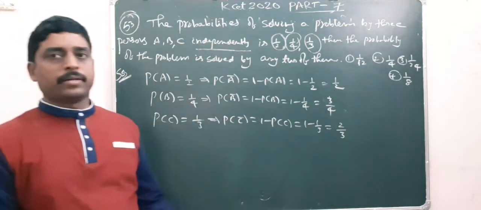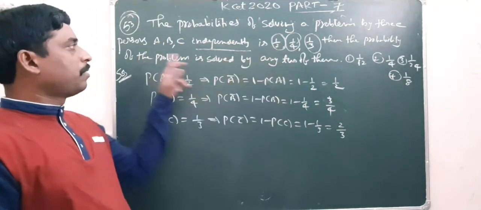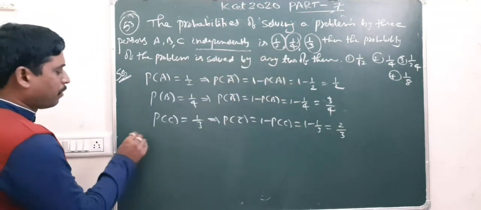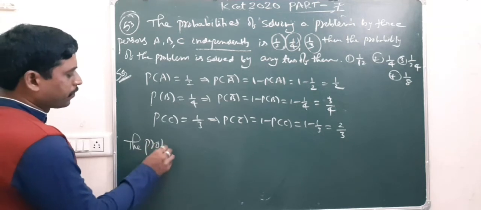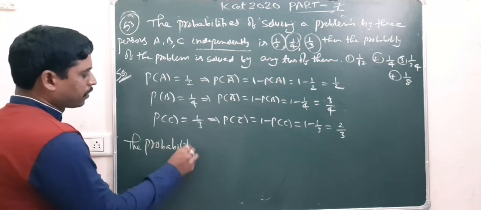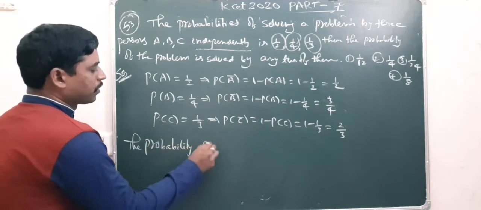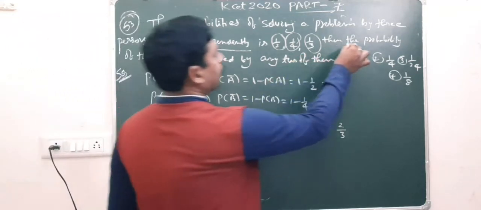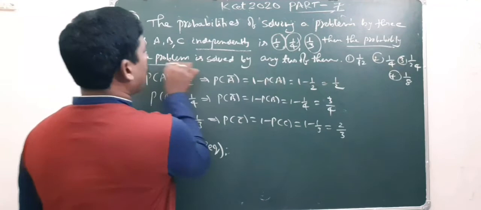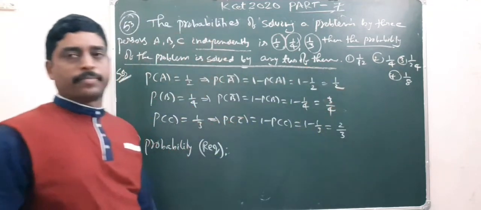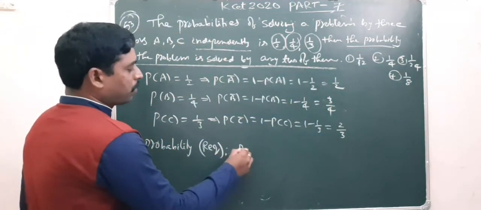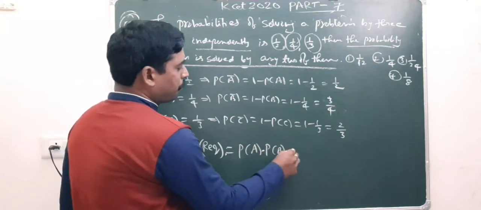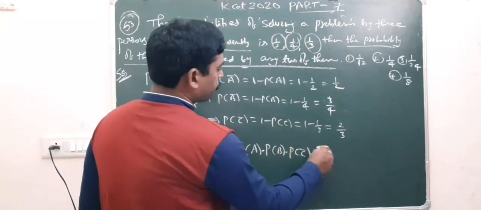So what is required? The probability of the problem solved by any two of them. This is equal to P of A into P of B into P of C bar.